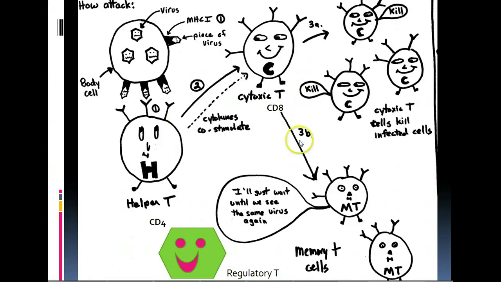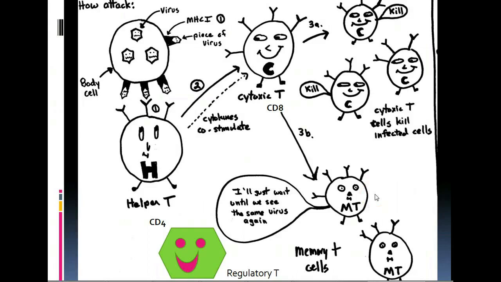A second thing that happens is we get what are called memory T cells. Now these memory T cells will just hang out in the body, and they can exist for years. The amount and the strength of them is going to differ from person to person. But this is why you don't get, let's say for example, the chickenpox twice, because you've got these memory T cells floating around in your bloodstream.